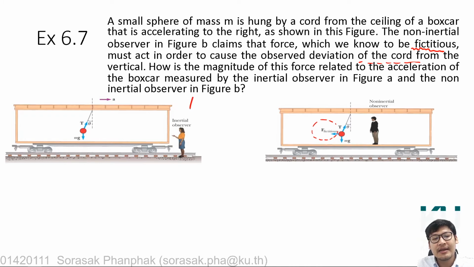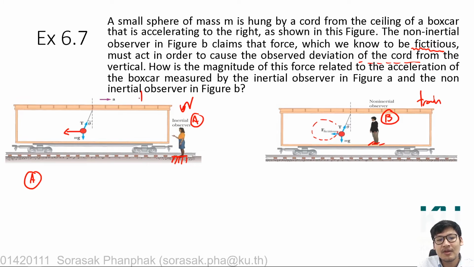For example, in the case of observer A, this lady observes on the ground. So what she sees is the motion of this object pulling backward and held by the string tension. But what does she observe? The only phenomenon happening here is the acceleration of the motion. However, the person in the non-inertial frame, on this train or boxcar, is moving in the same system with the acceleration.